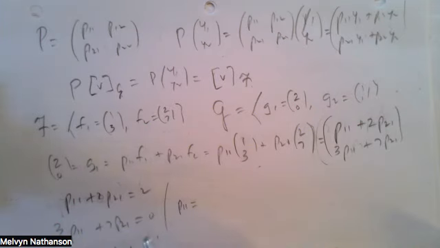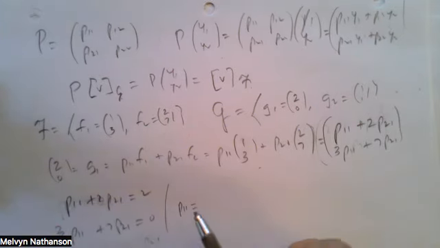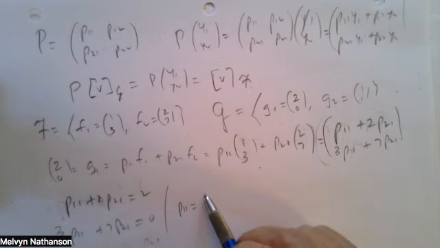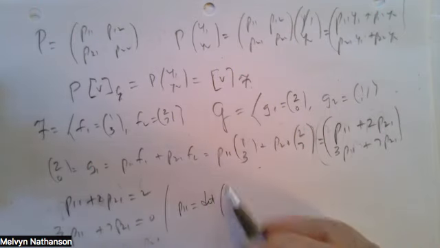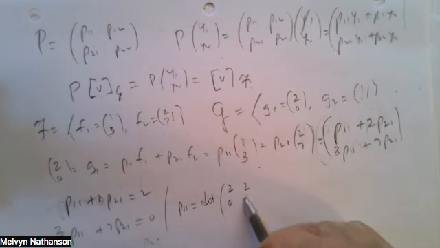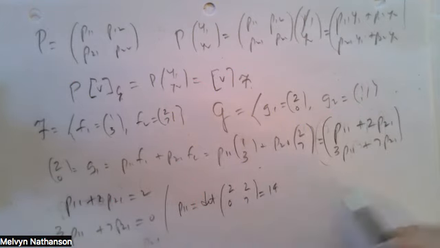So P11 is the determinant of (2, 2, 0, 7), which is 14.